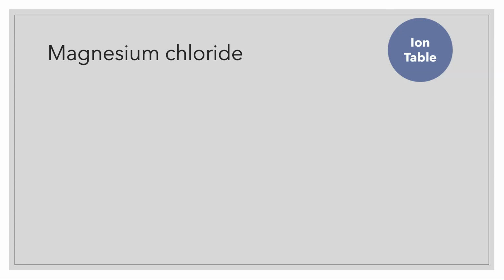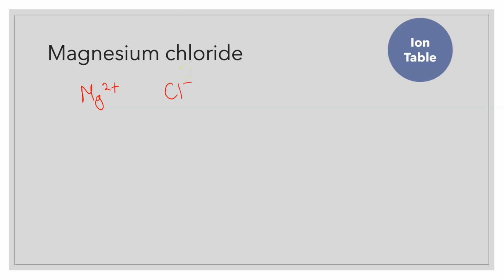Okay, so first of all, let's get the ions for magnesium. So magnesium is Mg2+, and chloride is the same as last time, Cl-. And as you can see here, this positive charge and this negative charge won't cancel each other out, okay, because you have a 2 plus and you have a 1 minus.